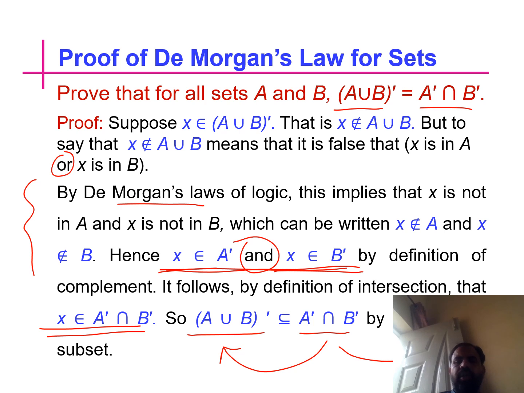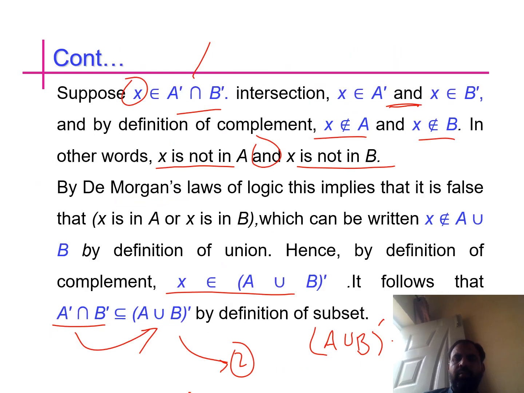So (A union B) complement is a subset of A complement intersection B complement. So we have shown that the left hand side is a subset of the right hand side.